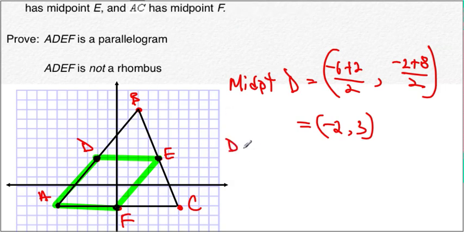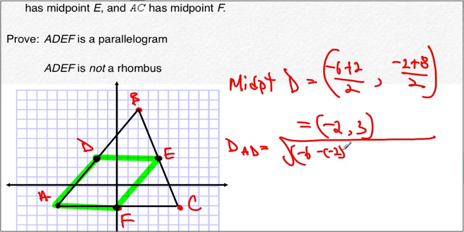So the distance formula between AD is the square root of negative 6 minus negative 2 squared, x2 minus x1, and then y2 is negative 2 minus 3 squared.